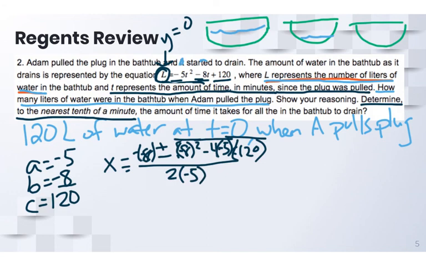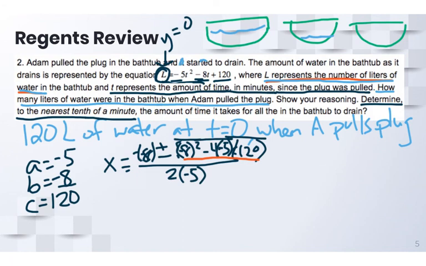Okay. All right. And so remember, I always just put the numbers in my calculator. So I don't put the square root yet, but I will. So I literally, if you could see me on my couch, I am going to put parentheses -8 squared minus 4 parentheses -5, and then again parentheses 120, and enter.